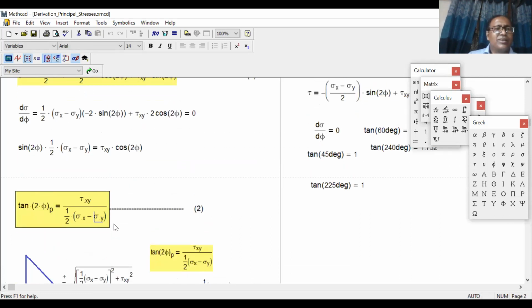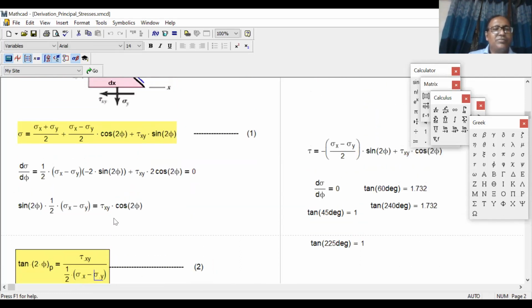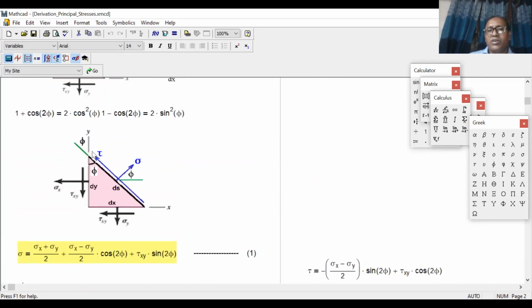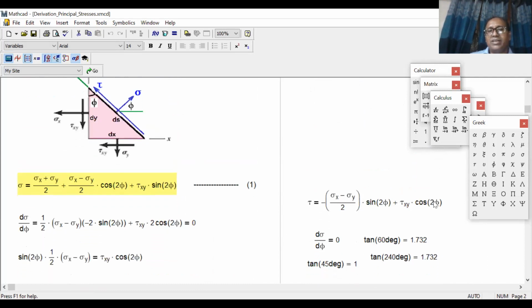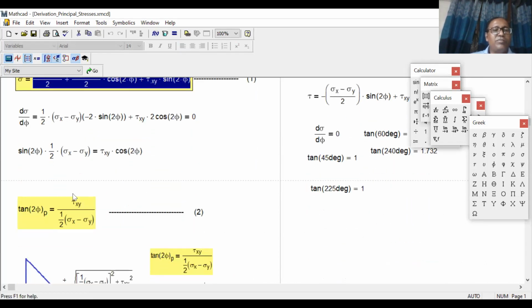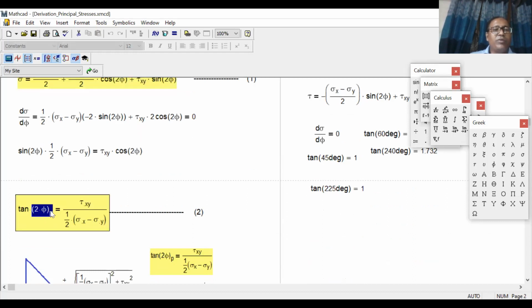Now, what will be the value of shear stress at the same plane? So what is the mother stress formula? This is a mother stress formula, right? And this is our sigma. So from tan value, what are we getting?